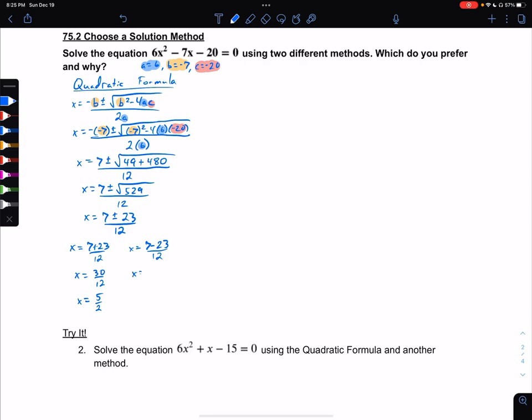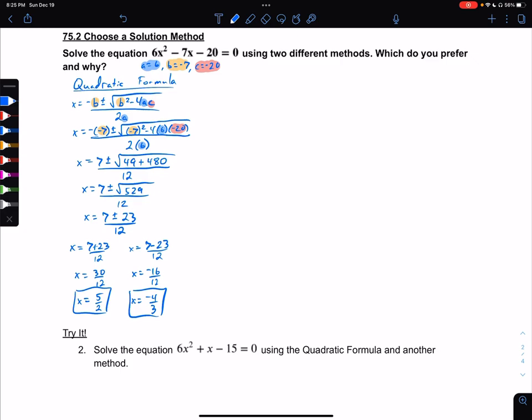And then here, 7 minus 23 should be negative 16 over 12, and that would reduce to negative 4 over 3. Again, you could write the 5 over 2 as 2.5, but probably leave it this way. So these are our two solutions using the quadratic formula.